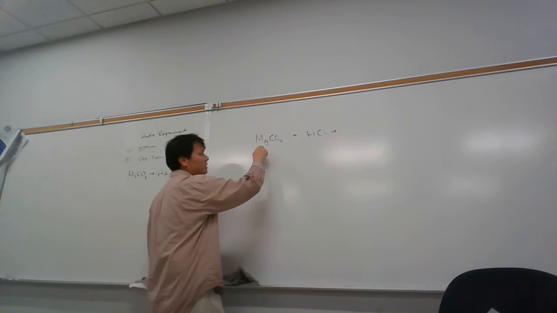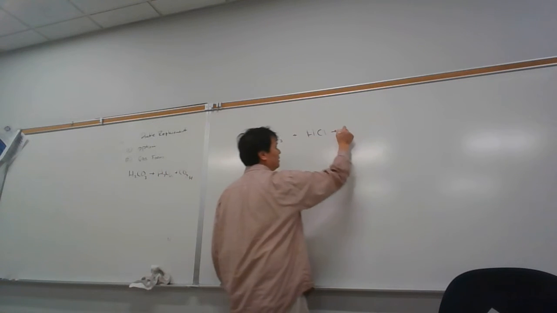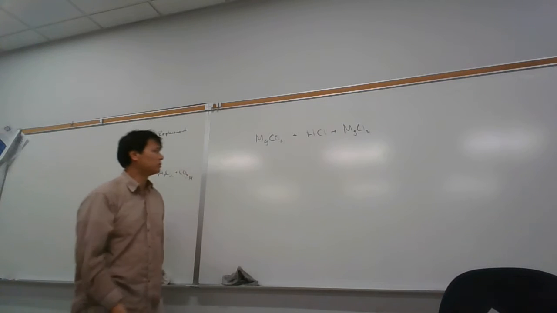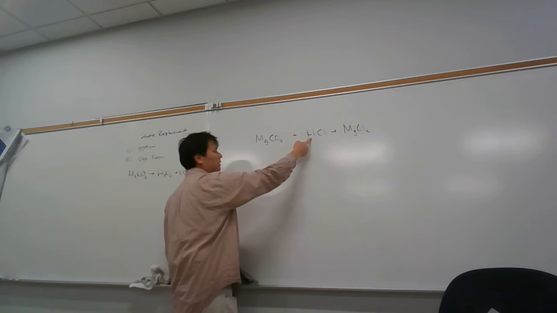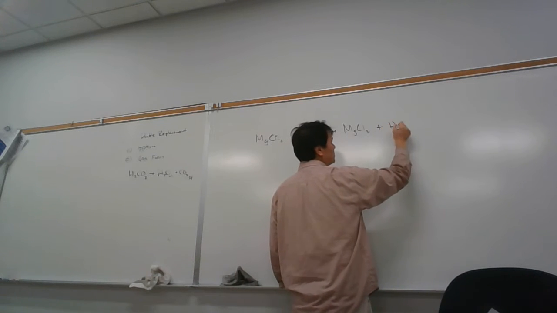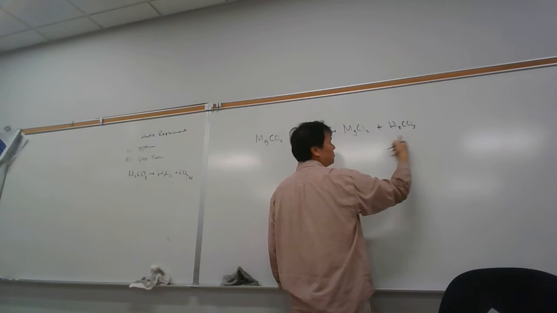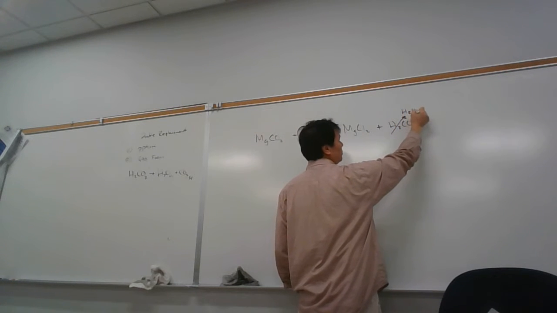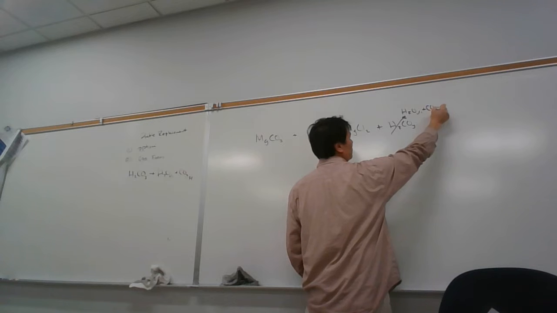It's going to form magnesium chloride, which would be MgCl2, since magnesium is +2, and hydrogen and carbonate, which form carbonic acid. Carbonic acid, we never leave there. We decompose it into H2O liquid plus CO2 gas.